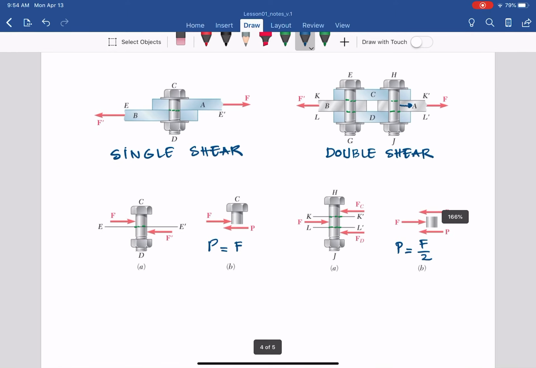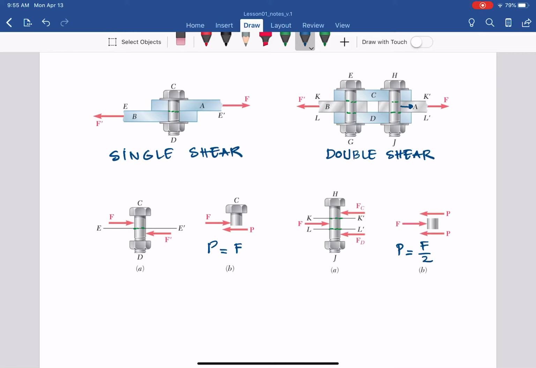The shear force P equals F on the single shear, so in that scenario, you will have tau for single shear equal to P over the cross-sectional area of the bolt. Unlike tau equals P over A for the single shear, for the double shear, tau equals P over A, the same formula, but P equals F over 2, so it will be equal to F over 2A.